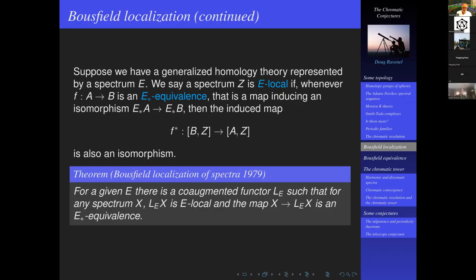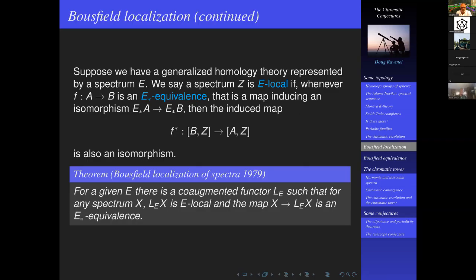He says you can always find an E-local, there's plenty of E-local spectra out there. And not only that, you can start with any spectrum X and find an E-local spectrum, known as LE of X, and a map from X to that thing, which is an E star equivalence.